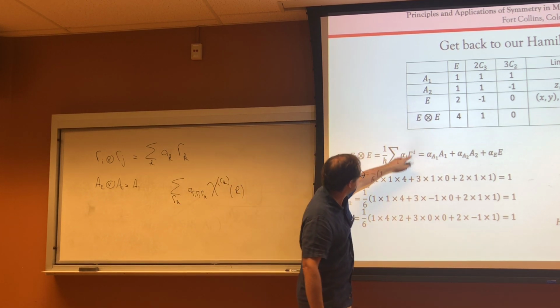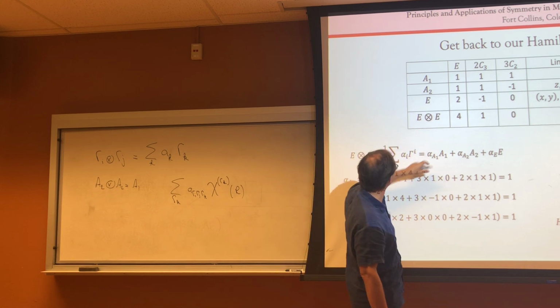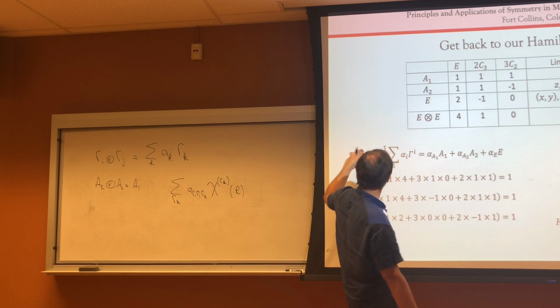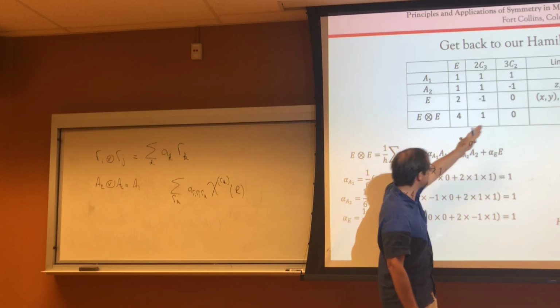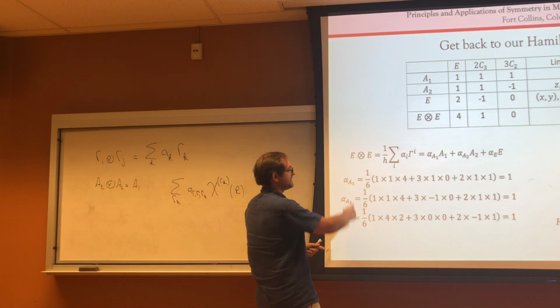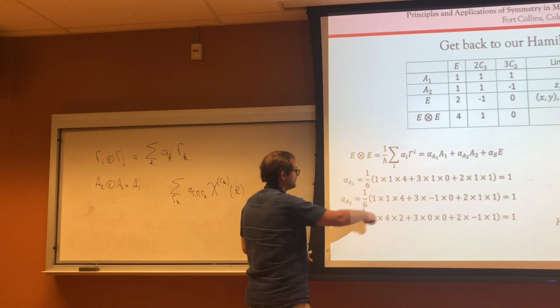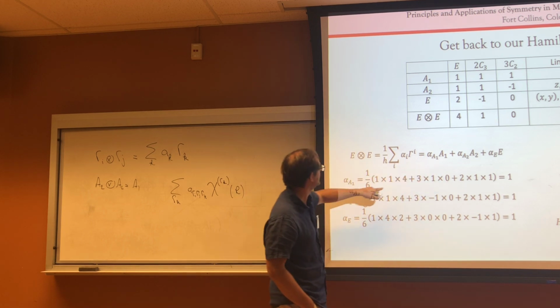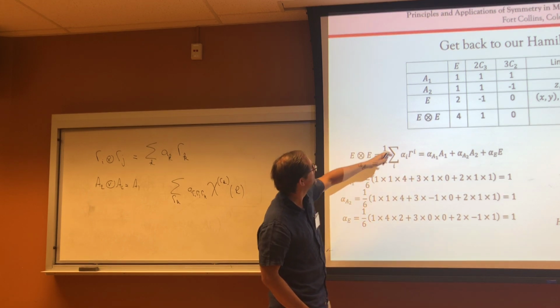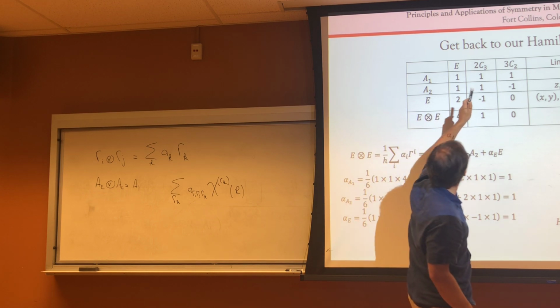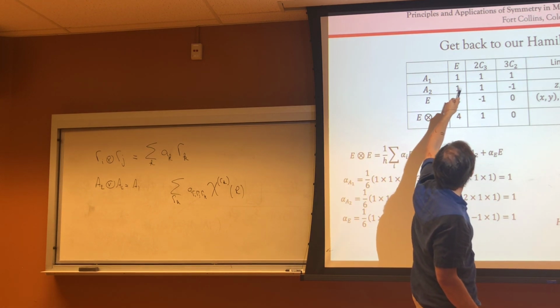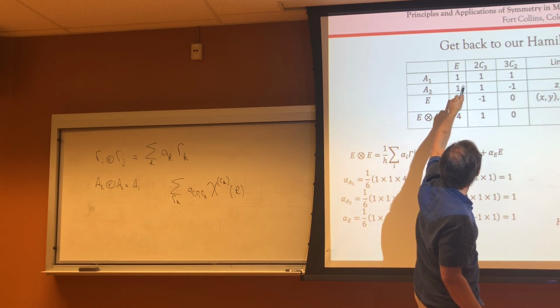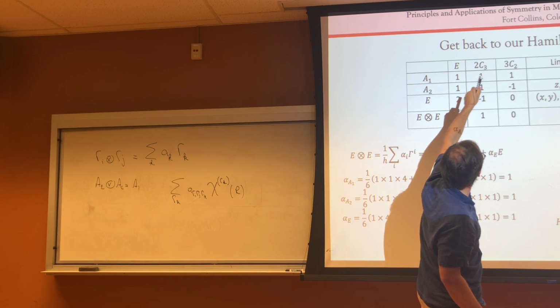So I'm going to find my alphas. I can write this reducible representation into A1 and E, and these are the explicit coefficients. So let's do one of them. If I look at the coefficient alpha 1, the number of operations is 6: you have 1 identity, 2 C3 rotations, and 3 C2.